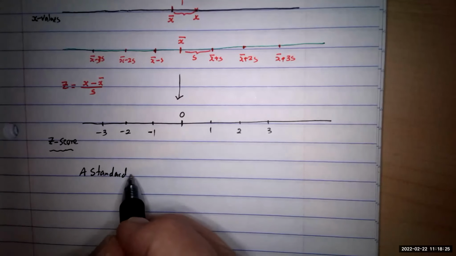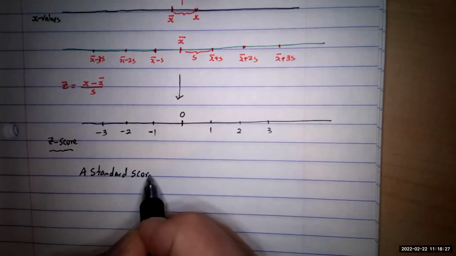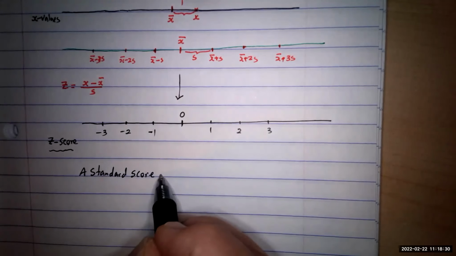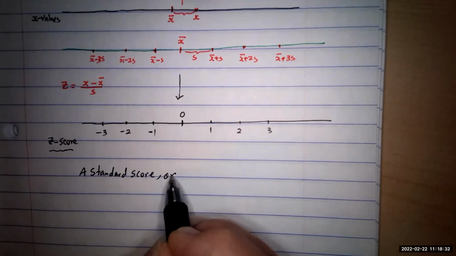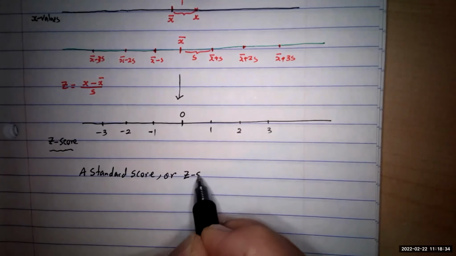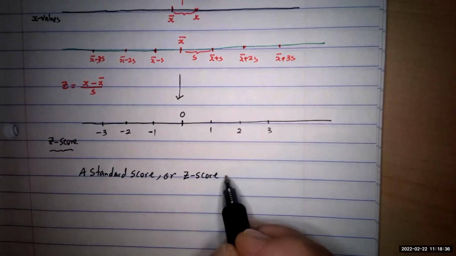Okay, a standard score, we call it, or Z score. Z score is what?